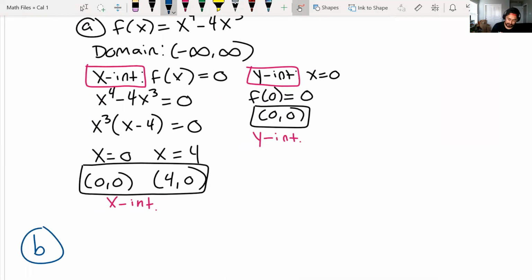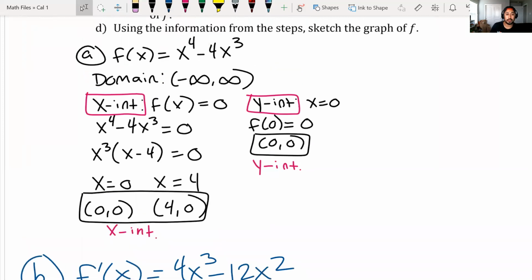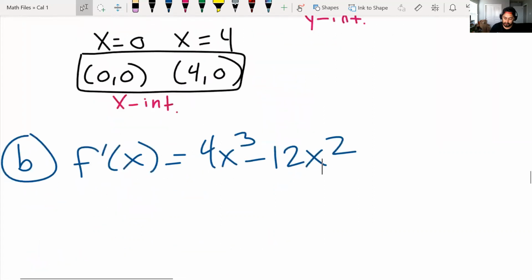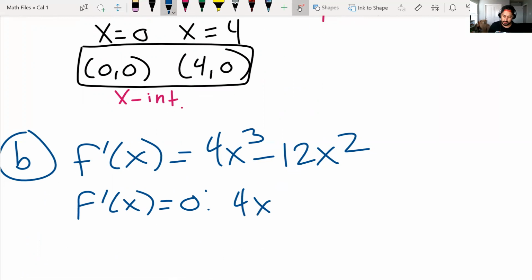So that means we're going to take the derivative, which is 4x cubed minus 12x squared, right? X to the fourth gives 4x cubed, negative 4x cubed gives negative 12x squared. Okay. Take that derivative, set it equal to 0. 4x cubed minus 12x squared equal to 0.